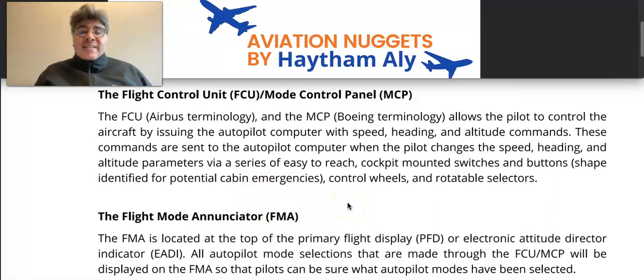So again, on the FMA you can monitor the autopilot, flight director, and auto thrust engaged modes, the landing capabilities, if we can make an auto land or not, the lateral and vertical navigation guidance modes, engaged and armed, and the auto thrust mode.